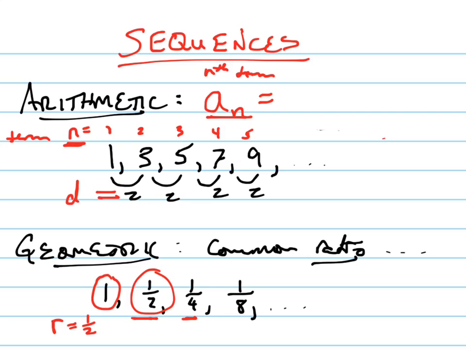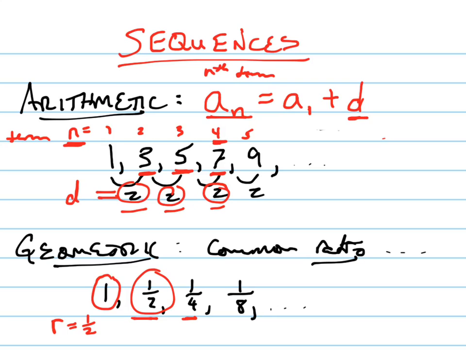Well, what you do is you start with the first term, a sub 1, and you add to that the common difference. How many times? When I got to the second term, how many times did I add the common difference? I added it 1 time. How many times did I add the common difference to get to the third term? 2 times. To get to the fourth term, I added the common difference 1, 2, 3 times.